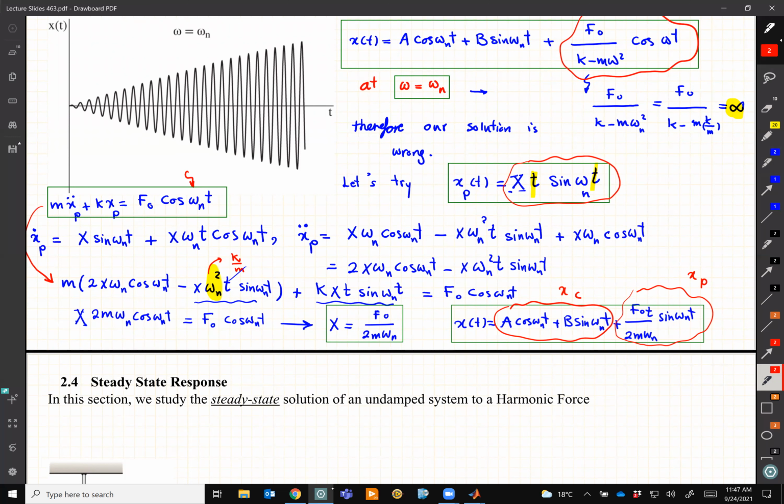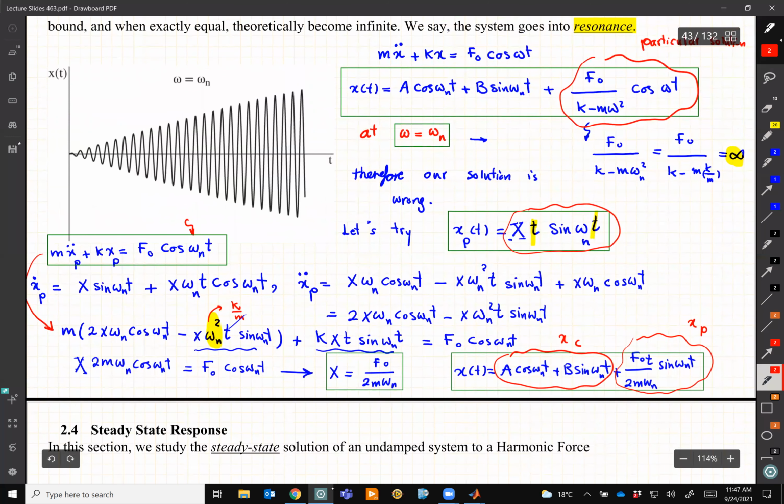So for the general case, the answer is x(t), that big equation up there, where a and b we can find from the initial conditions. For the special case when omega is equal to omega n, x(t) is this form, right? Now I have just one wave, not two, and they are all omega n. The previous answer had omega and it had omega n.